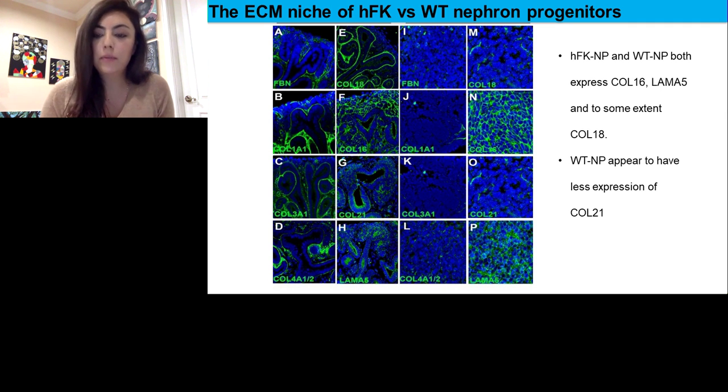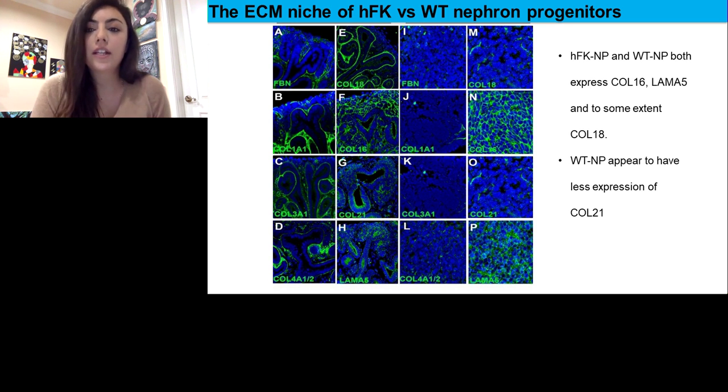The blastemal component is the most undifferentiated component, so it's a mass of cells. And what we could identify is that indeed the human fetal kidney nephron progenitors and the Wilms tumor nephron progenitors share similar extracellular matrix characteristics. They express collagen 16, identifiable in F and N, and laminin alpha-5, identifiable in H and P, and to some extent, collagen 18, identifiable in E and M.